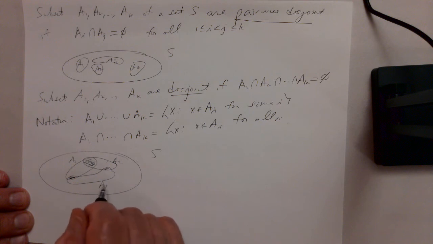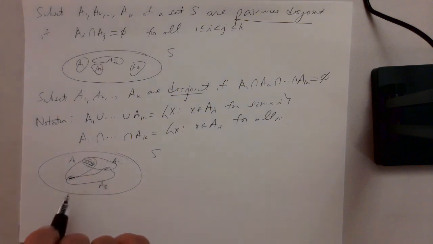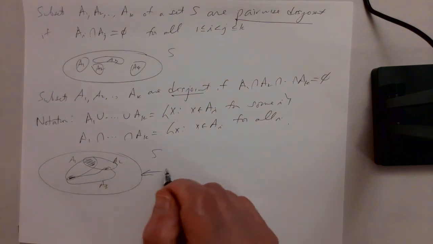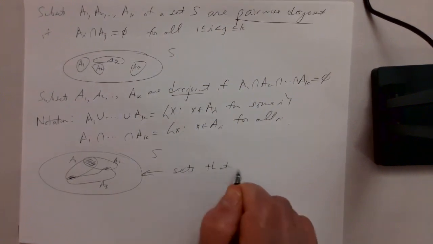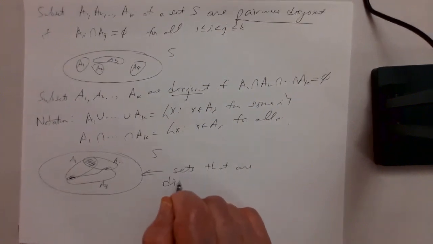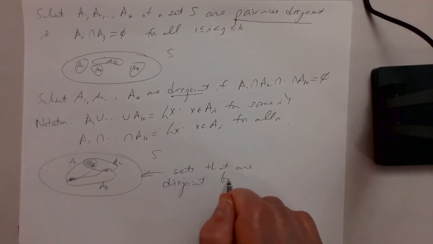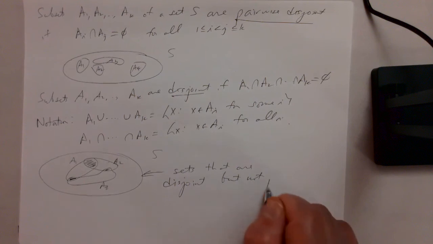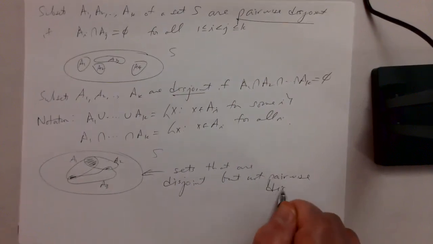A1 and A3 intersect. A2 and A3 intersect. But there's no element that belongs to all three of them together. So this is a picture of sets that are disjoint, but not pairwise disjoint.